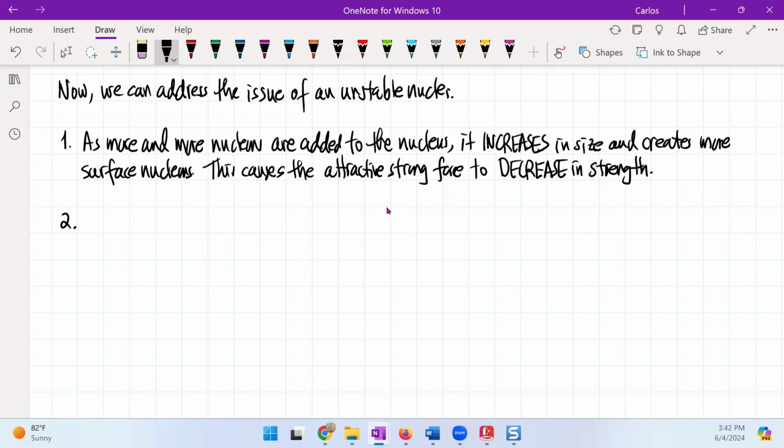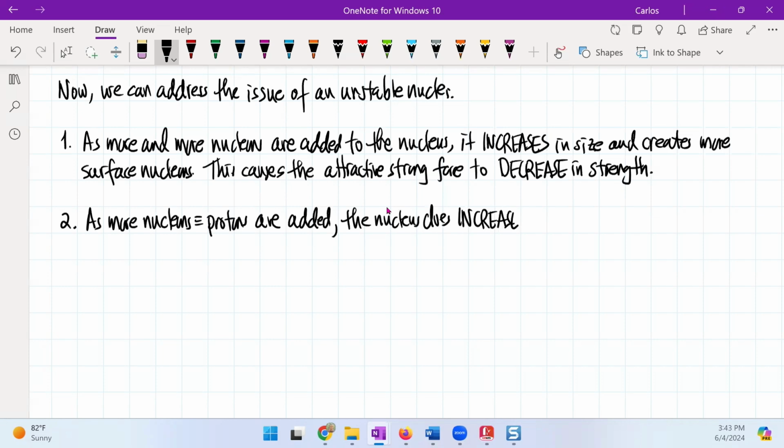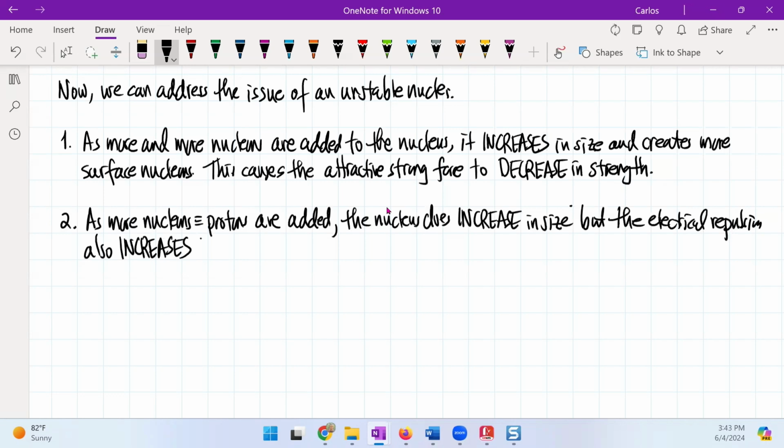Two, as more nucleons, and in this case we really need protons, as more protons are added, the nucleus does increase in size, but the electrical repulsion also increases too.